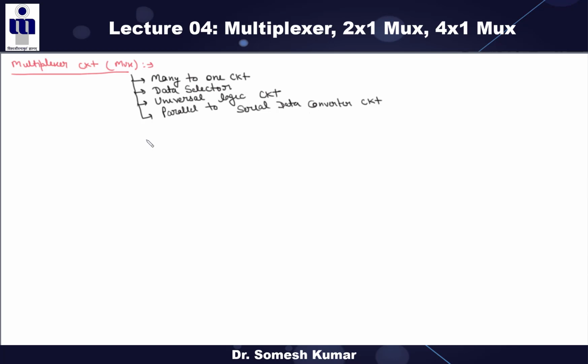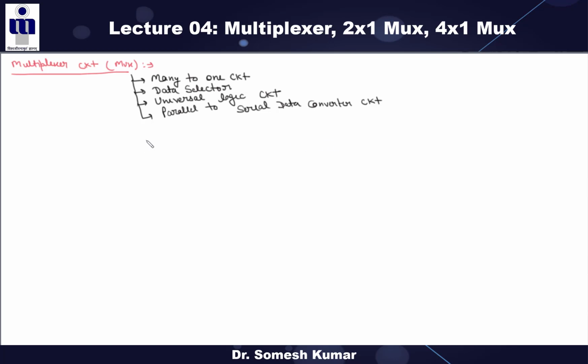Now, see, these combinational circuits we can also design with all those steps. First, we should know what the inputs and outputs are. Then you can draw the truth table and find the Boolean expression of that. Then you can minimize that expression and finally draw the circuit for the same, right?